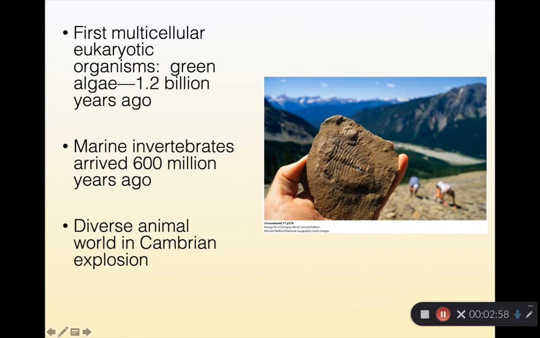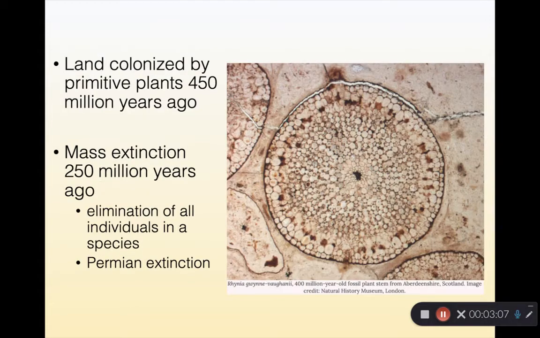And then we have one of the largest explosions of animal life during the Cambrian explosion. And from there, I just want to go through, glancing over all these time periods, to give us an understanding of how life evolved.